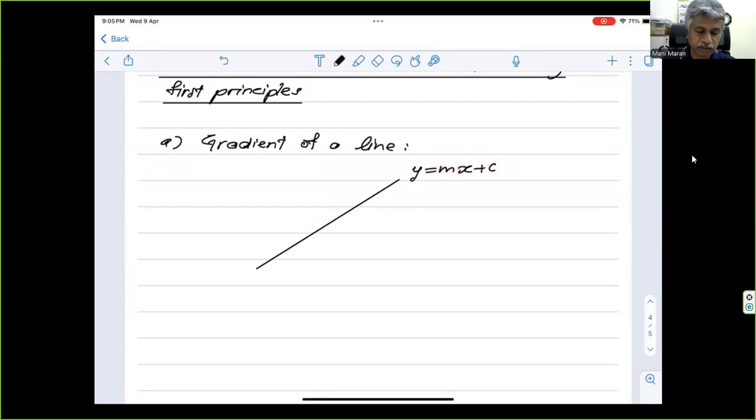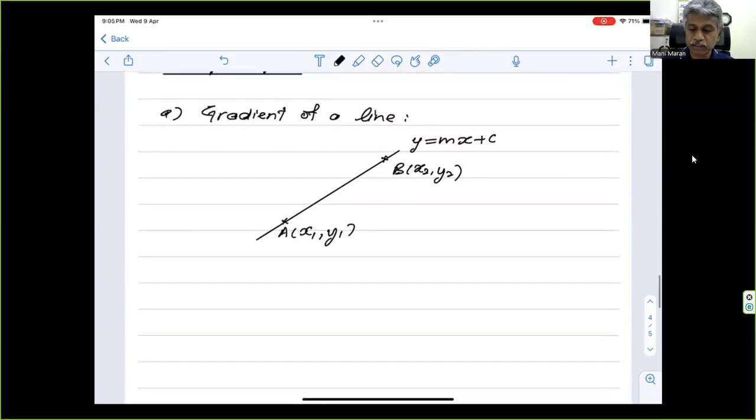In order to find the gradient, you need to know 2 points. For example, point A (x1, y1) and point B (x2, y2). You need to know only 2 points because this is a straight line. And to find the gradient, there is a very simple formula.